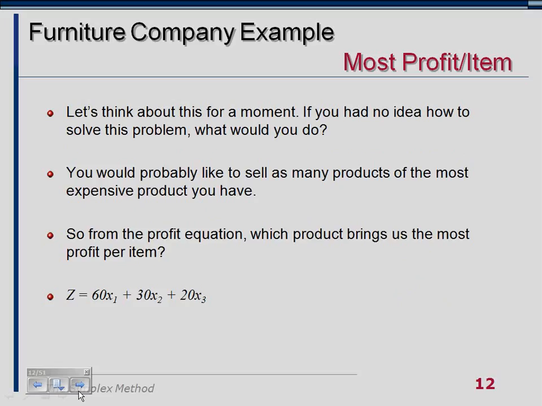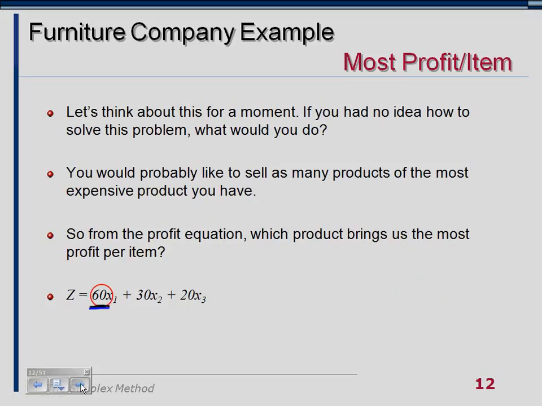What would you probably do? You'd probably say, well, it seems that we make the most off a desk, so let's just see how many desks we can make. We'll let the other two slide. The problem seems a bit complicated, so let's just max out and make all desks. If that's possible, let's go for it. So let's go in and see how many desks we can make.